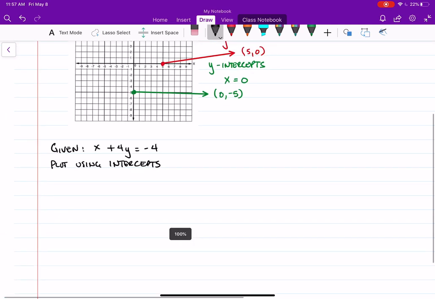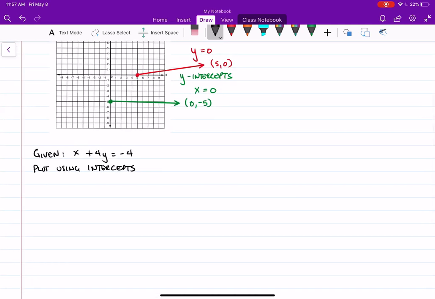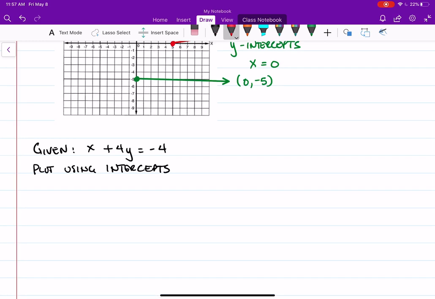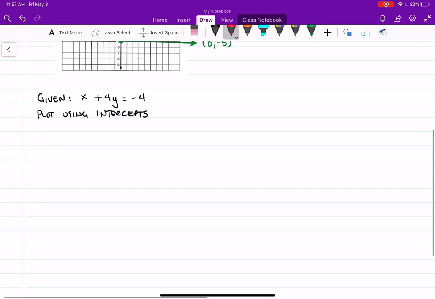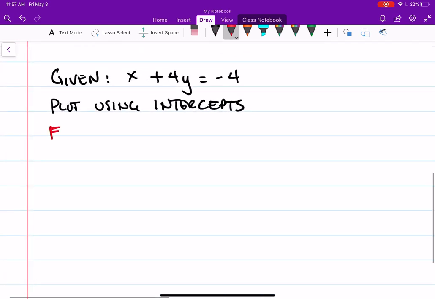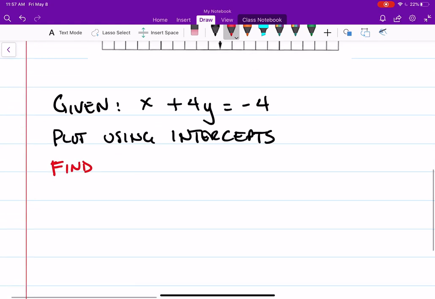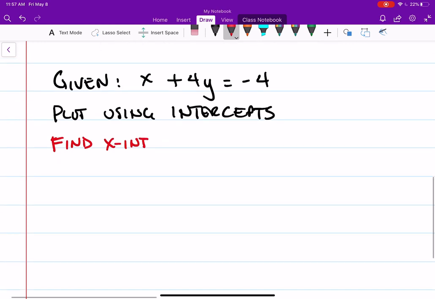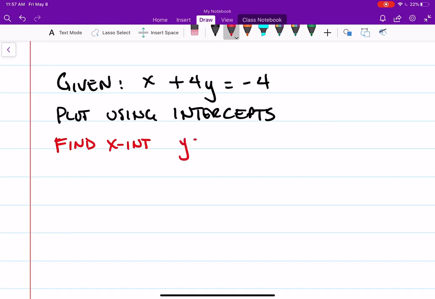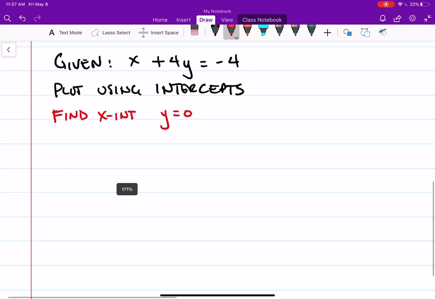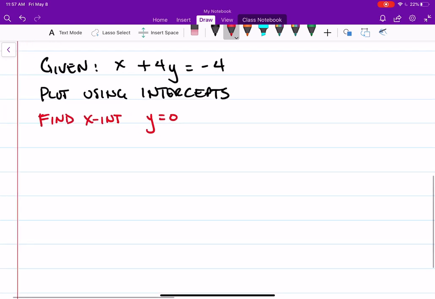Okay, great. I'm going to use the intercepts. So my first step is to find my x-intercept, and this is the way I would write x-intercept in short. What I know about the x-intercept is that y is equal to 0. Great, so then I'm going to solve this.